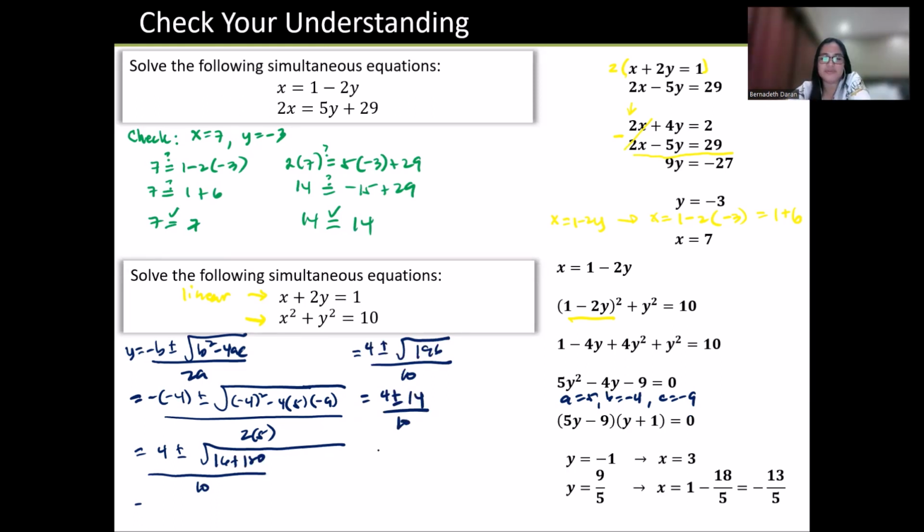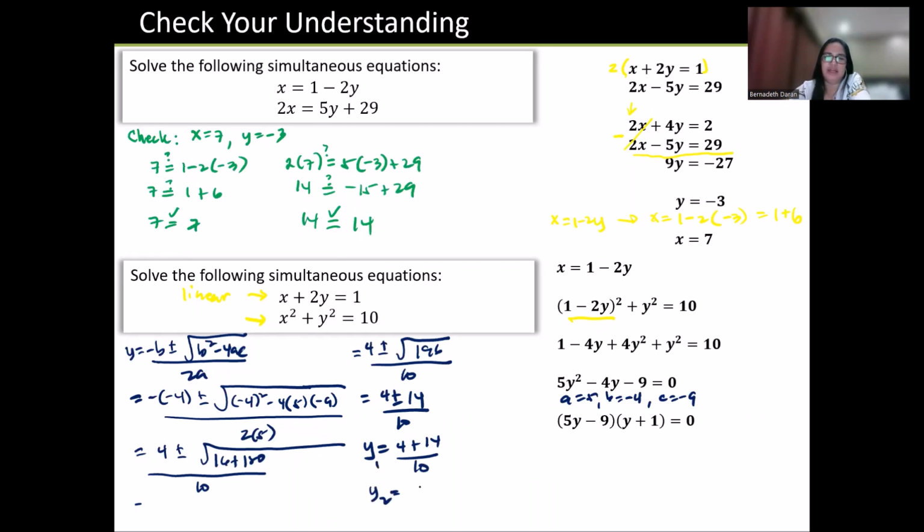We now have two possible values of y, right? So we have y is equal to 4 plus 14 over 10. So that's the first possible value.